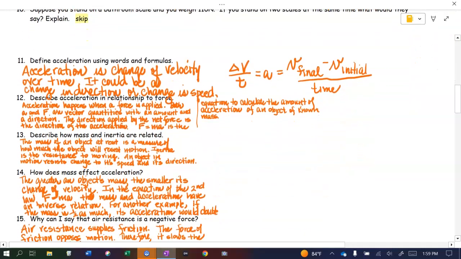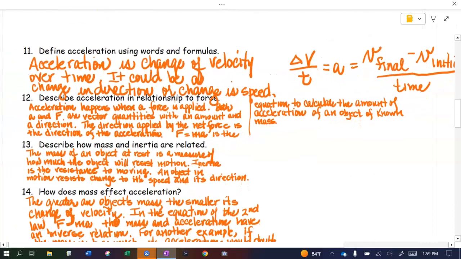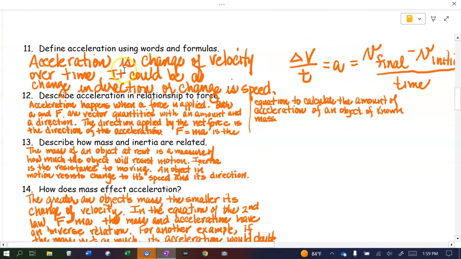All right. 11, define acceleration using words and formulas. Well, I said that acceleration is the change of velocity over time. That's its standard definition. It could be a change in direction or a change in speed. It could also be both. You frequently change velocity when you go around a corner, don't you? If you're wise.